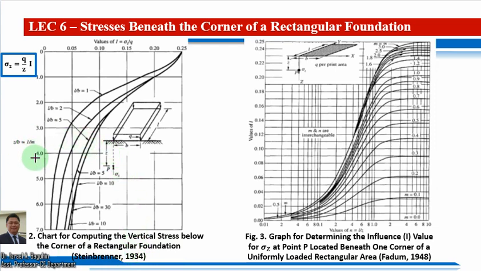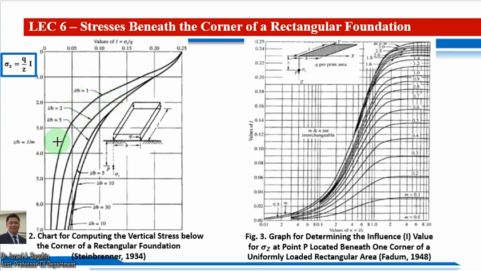So we have now this vertical axis of z over b, and then we have now this value of the x, which is the values of our influence factor I. And from this one, we have the value of our curved lines here, which is referring now to the ratio of our length over the width.